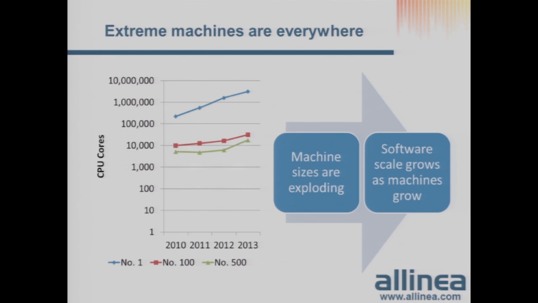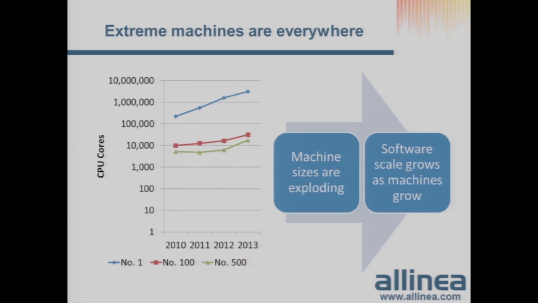So let's look at where we are today in terms of extreme machines. There's always been a number one, and the number of cores in that has been growing. I've had to put a logarithmic scale on this, even though I'm only going back 4 years. You look at this almost straight line graph: 4 full years ago, I think it was Jaguar at the number 1 spot with just over 200,000 cores.